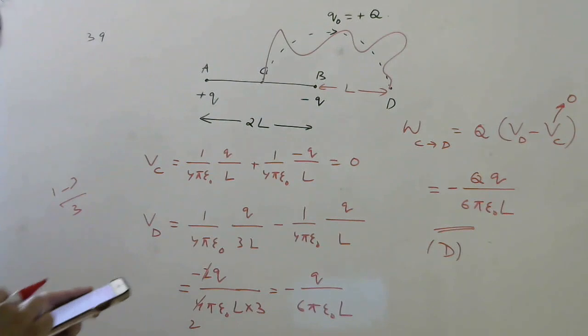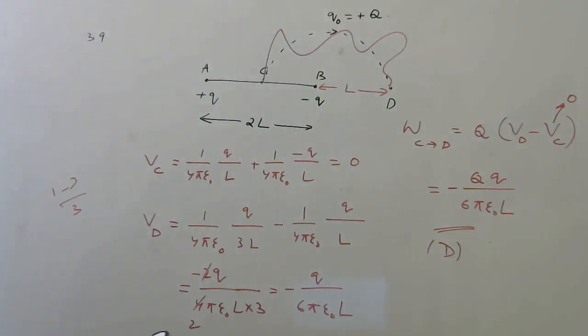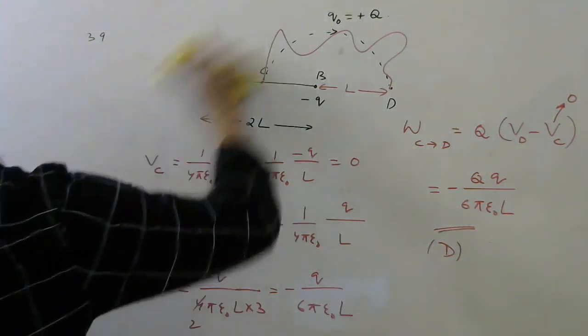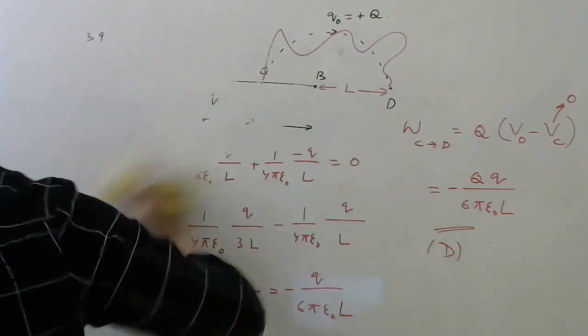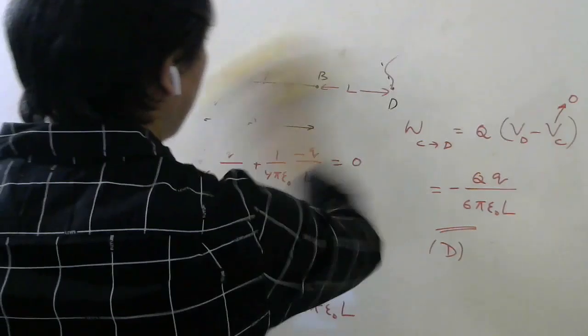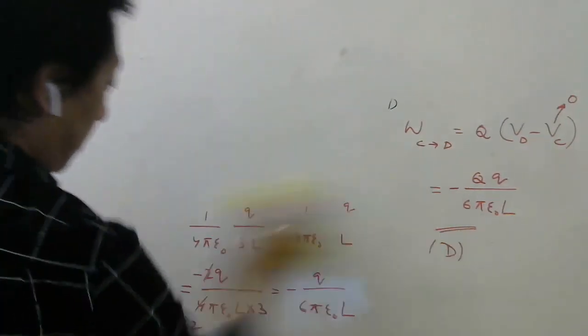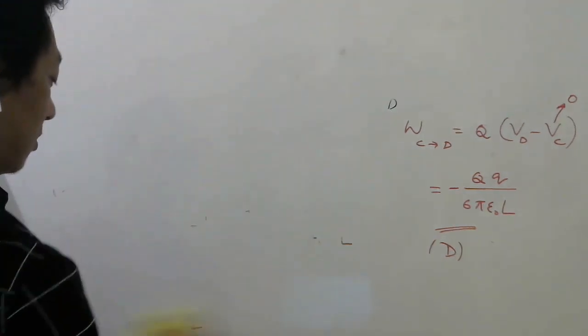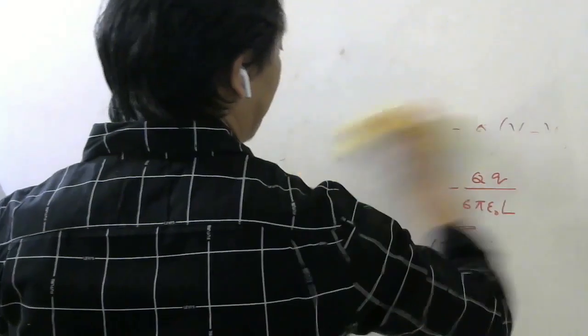Let's see the next question. Charges minus q, plus capital Q, and minus small q. So the first one is minus small q, the other one is plus capital Q, the third one is also minus small q, placed at an equal distance on a straight line.